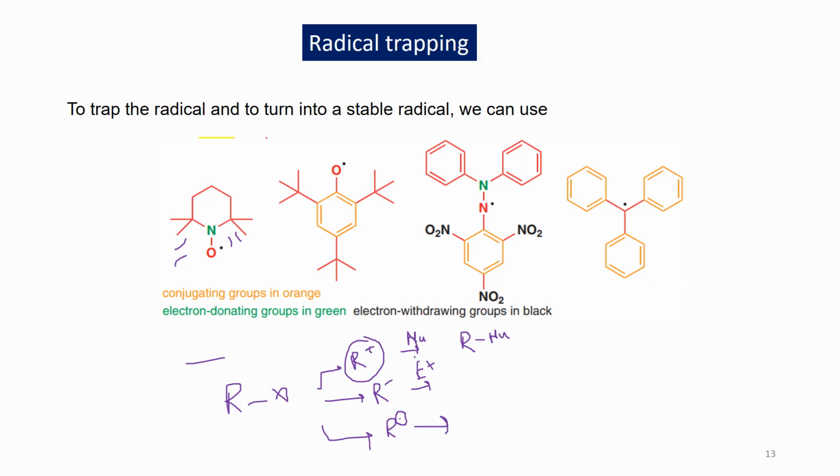But if we add any of this compound, suppose one is this, if we name it A, if A is given and by coordination we are getting this, then from this we can get an idea that the reaction is going through a radical pathway because it undergoes a radical coupling.